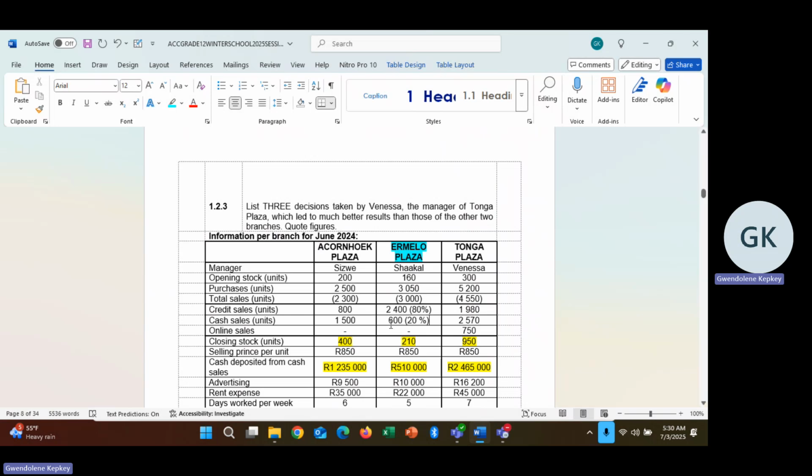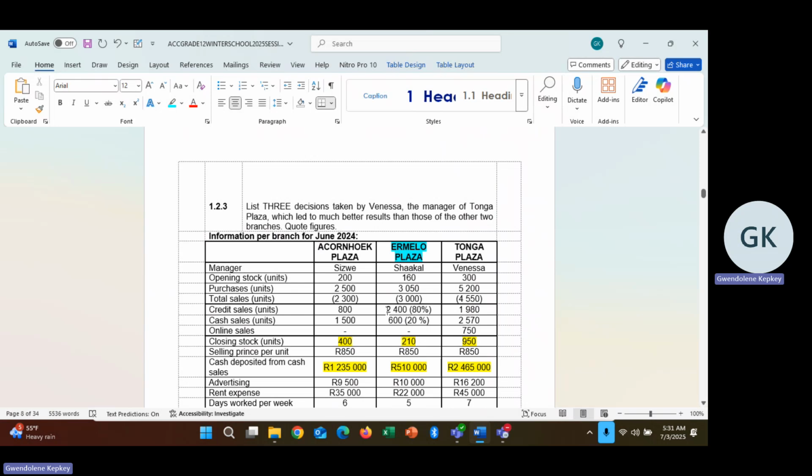Remember, the minute your cash sales is much less in percentage than your credit sales, it simply means that this branch now has to wait on the debtors to pay. They don't have the immediate cash available in order to operate and to make maximum profits in the business. Okay, so what are we going to indicate?